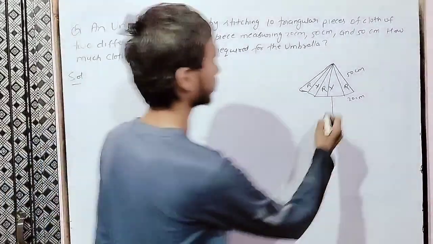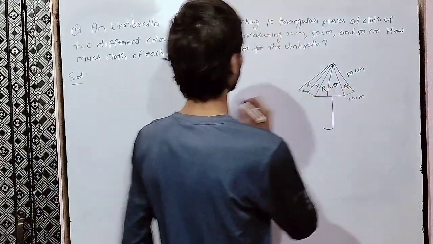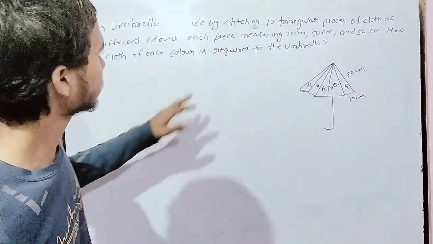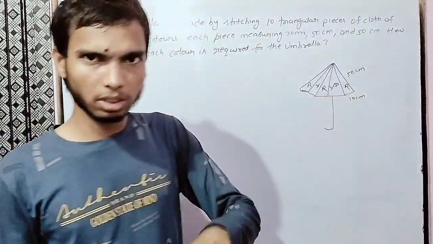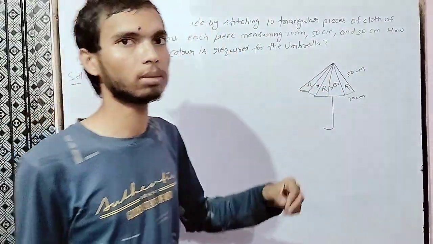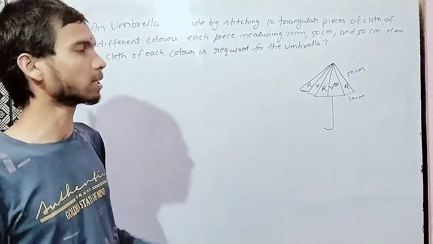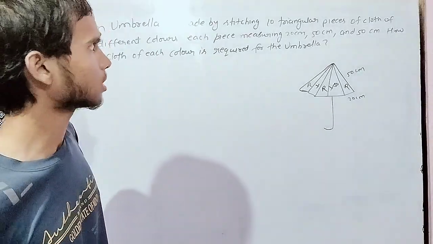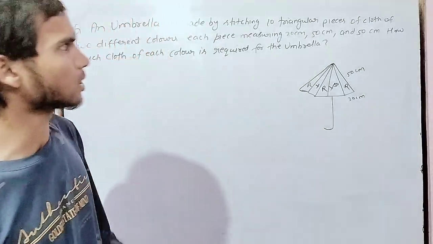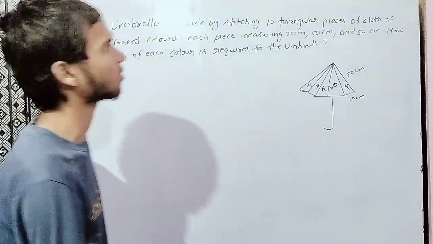Yes, we have it given. This is also 50 centimeter. So all 10 triangular pieces measure three sides: one is 20 centimeter, second is 50 centimeter, and third is also 50 centimeter.